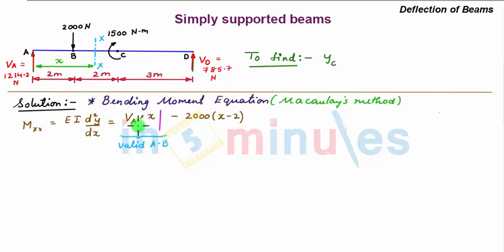Now again, this part of the equation is valid between point B and C, so let's put it into another partition, and we say that this equation is valid between point B and C.